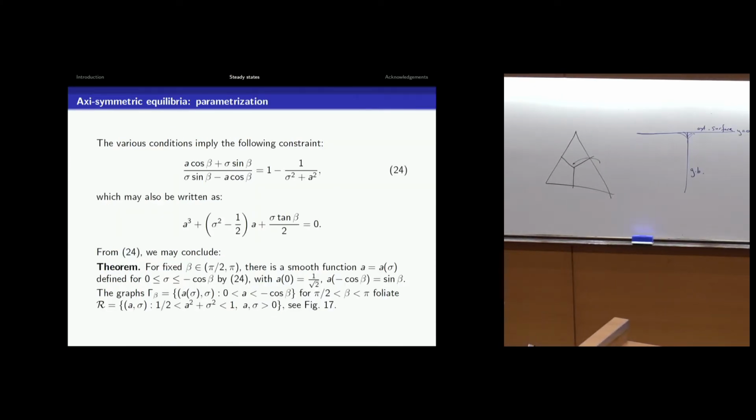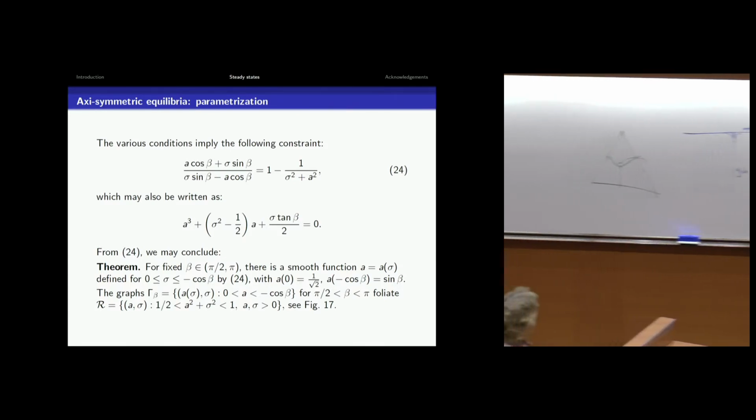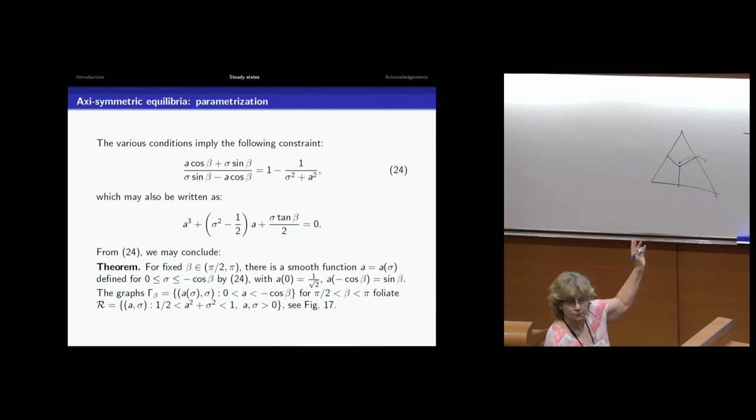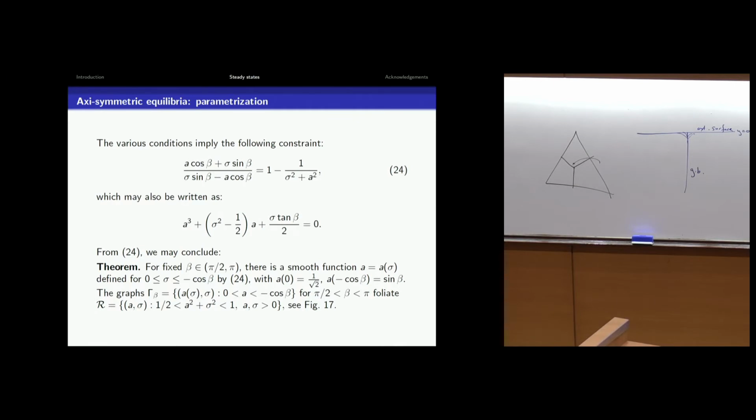When you put all the conditions together, one gets this algebraic equation, which can be rewritten as a cubic equation for this A with coefficients which depend on sigma and beta. Out of all this, with some considerations, one can come up with a theorem: for any beta between pi over 2 and pi, that gives you the whole range from flat up to vertical, there's a smooth function.